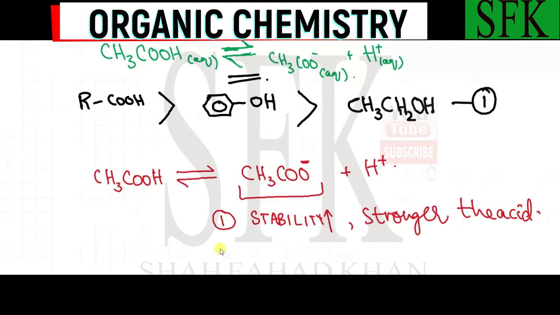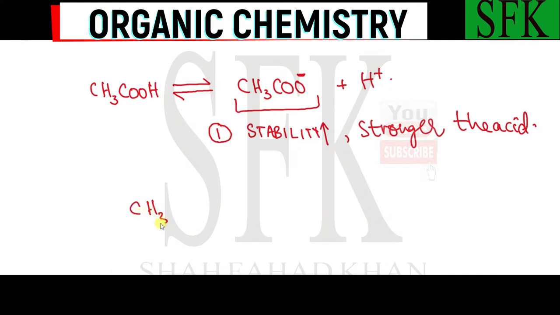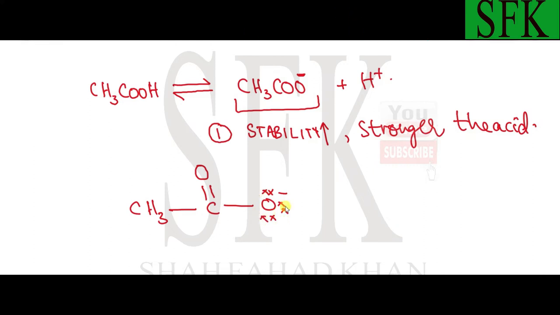So now let's see what makes this base stronger as compared to the phenoxide ion and the ethoxide ion of ethanol. Now, if we display this C double bond O and O negative ion, oxygen has its lone pair of electrons.